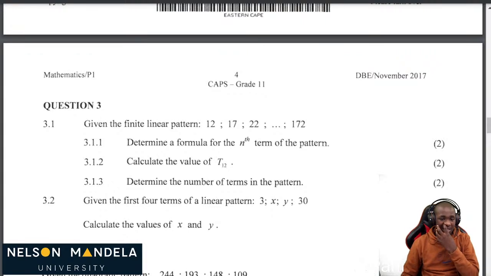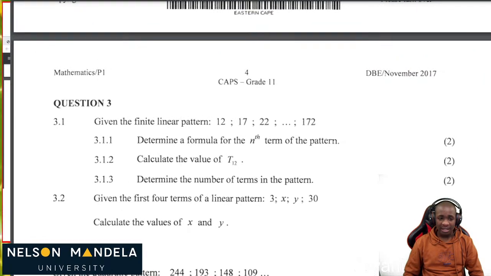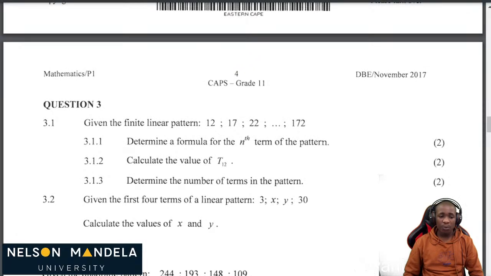Now, this is the key term which we have to look at in this question: given the finite linear pattern. What is important and what we have to take care of here is linear pattern.